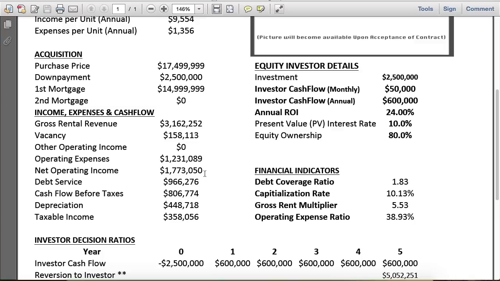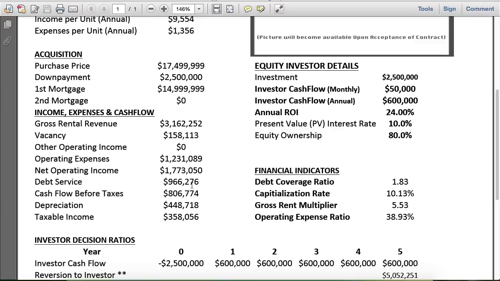Now your net operating income: this is taking your gross rental minus the vacancy plus the operating income minus your operating expenses, and this gives you your net income before you pay mortgages. Debt service, this is your mortgages.